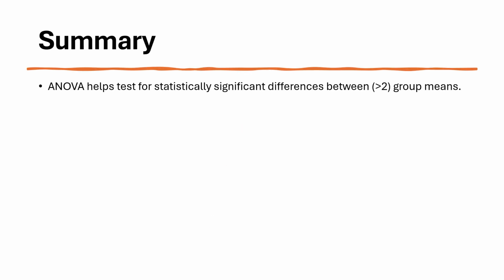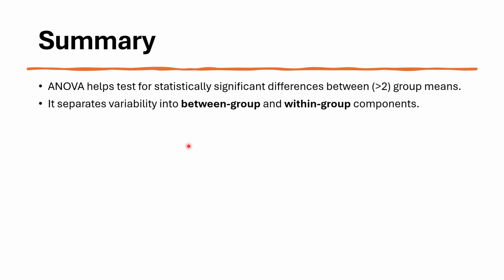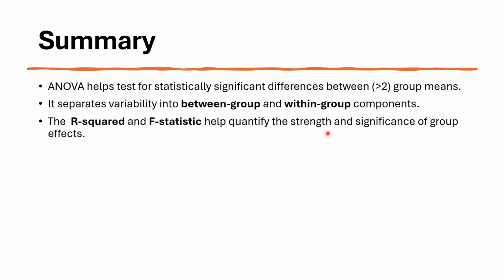In summary, analysis of variance, or ANOVA, helps us test statistically significant differences between group means, right? And it separates the variability into between group and within group components.